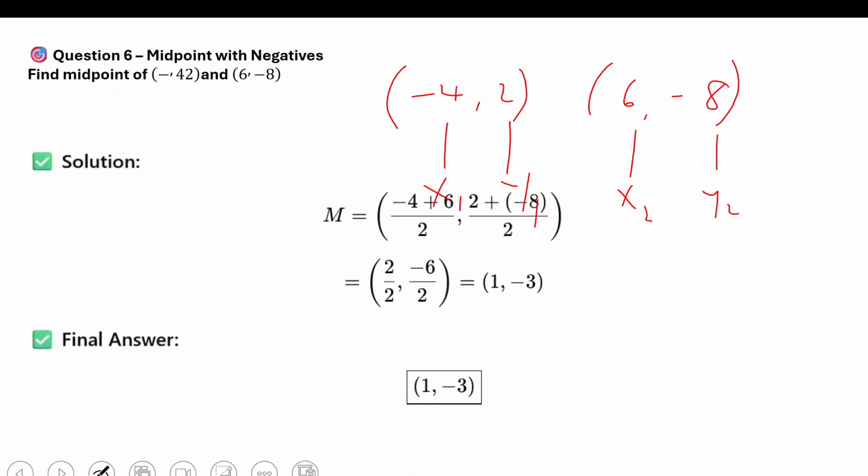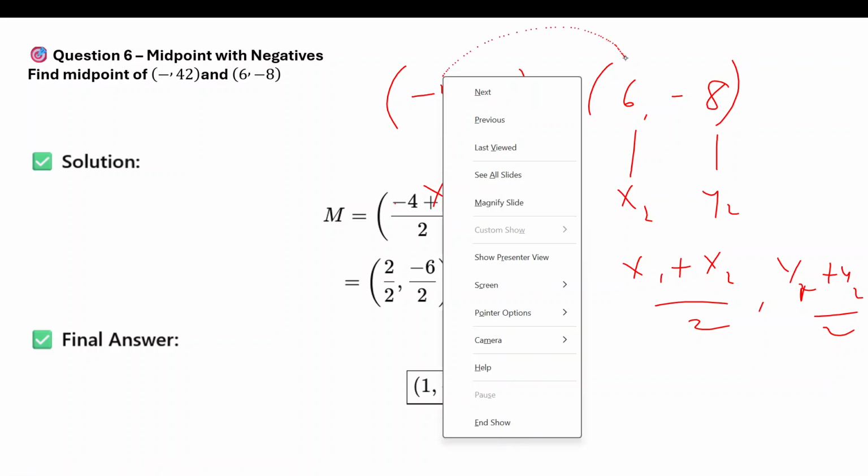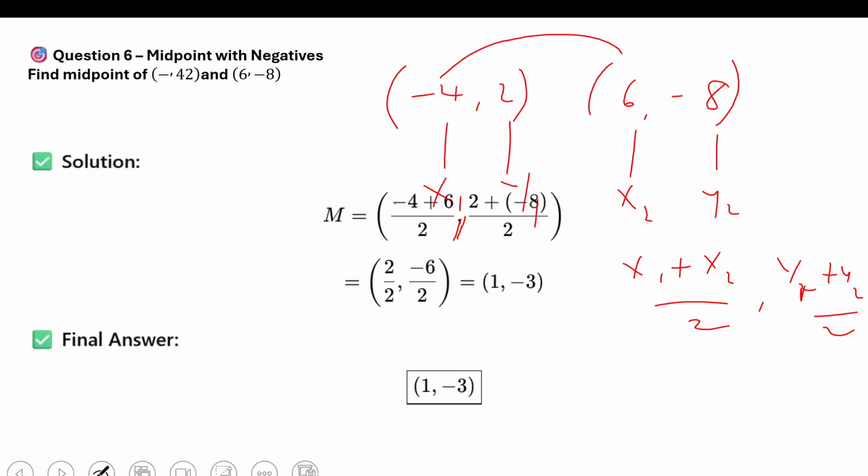So there's a formula for the midpoint. The midpoint formula is x1 plus x2 over 2, and y1 plus y2 over 2. So you see that for the first coordinate, the formula gives minus 4 plus 6 over 2.